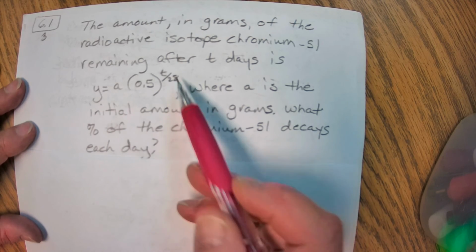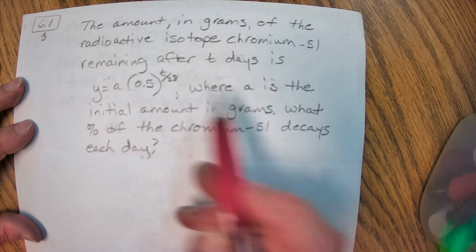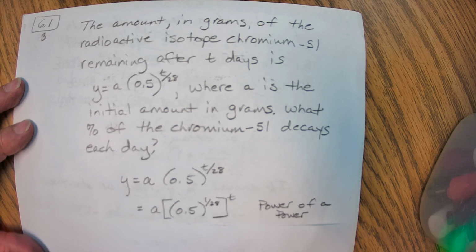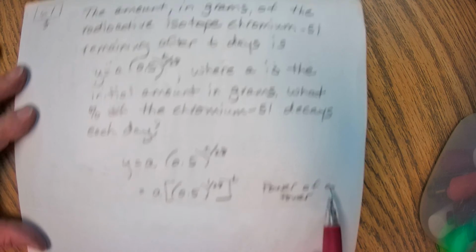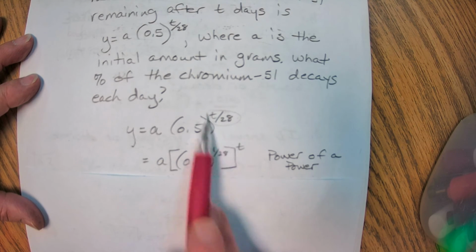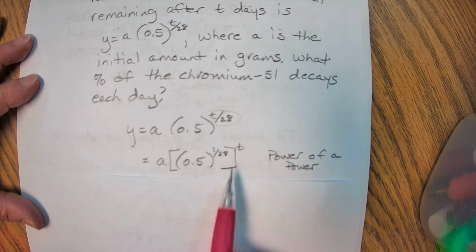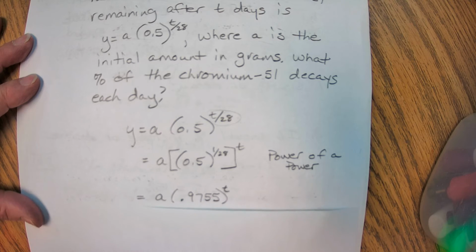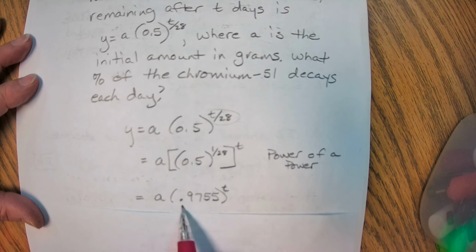So here's where we're going to use our exponent rules to rewrite this part. So we start with this, and using the power of a power rule, I'm going to separate this out. Okay, because I can find 0.5 raised to the 1 over 28. And when I do that, I get this.